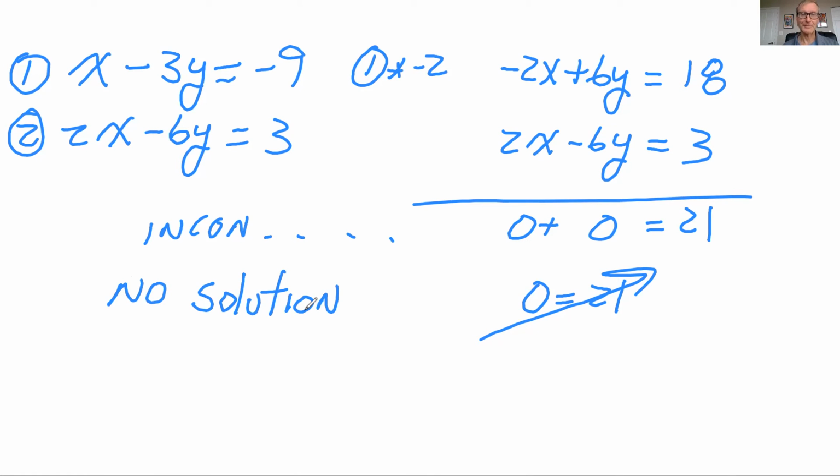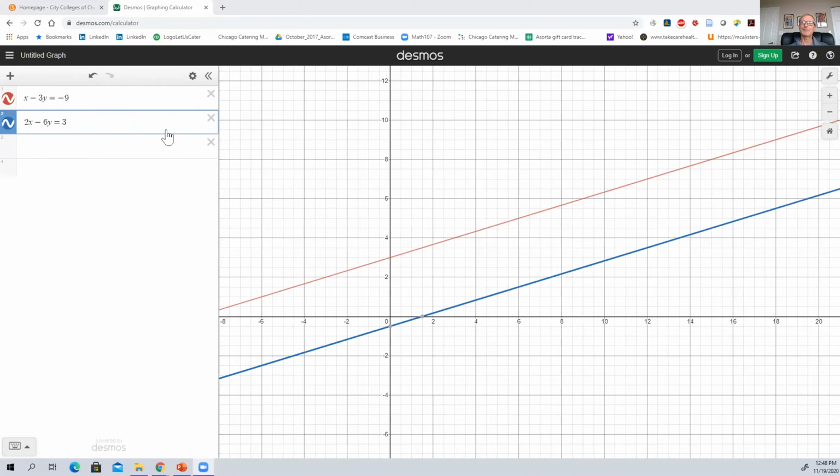These are parallel lines. What I did here was pop it up on Desmos. That's why I put the recording on pause for a little bit. You can see that if you type in those two equations, the red and the blue are parallel to one another. Not obviously, but they are. Same slope, different y-intercept. And you could see that if you looked at this line, they would never intersect. That's why there is no solution.